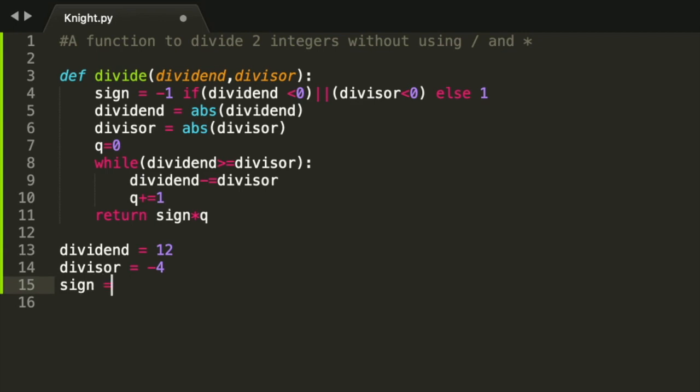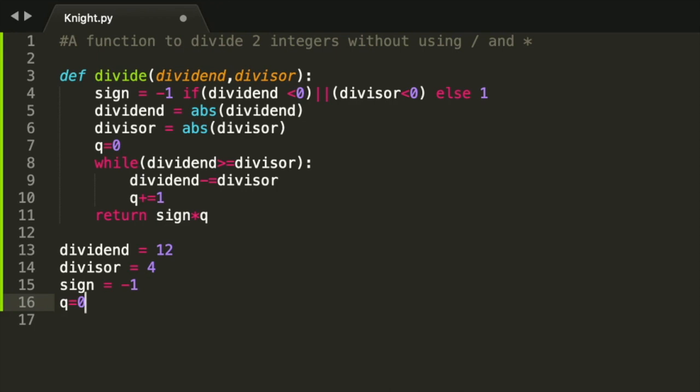Then we take the absolute value of the dividend and the divisor. So the dividend remains 12, the divisor changes to 4. And then the quotient is initialized to 0. So these are all the initial conditions before the program goes into the loop.